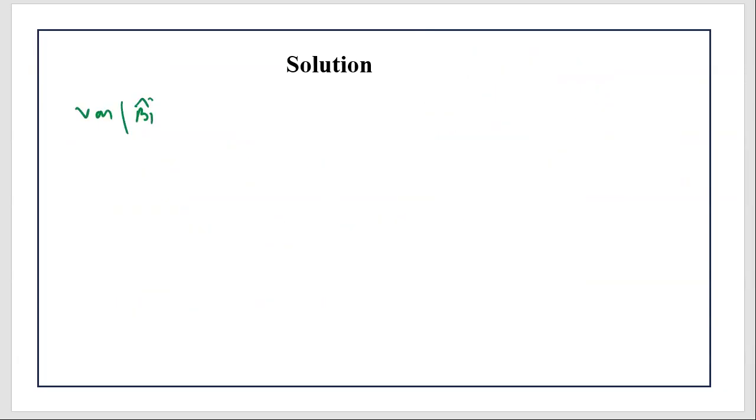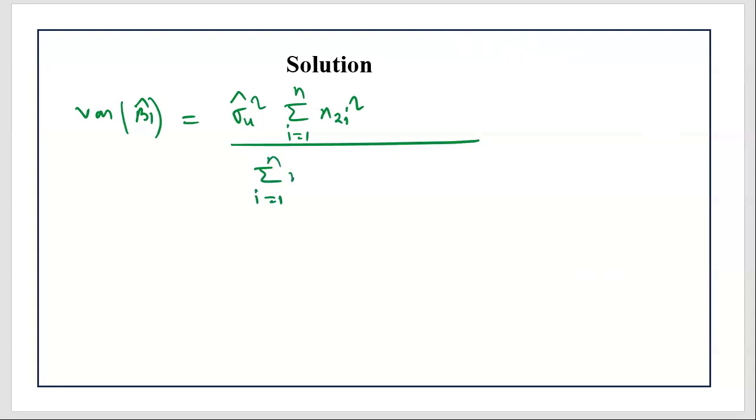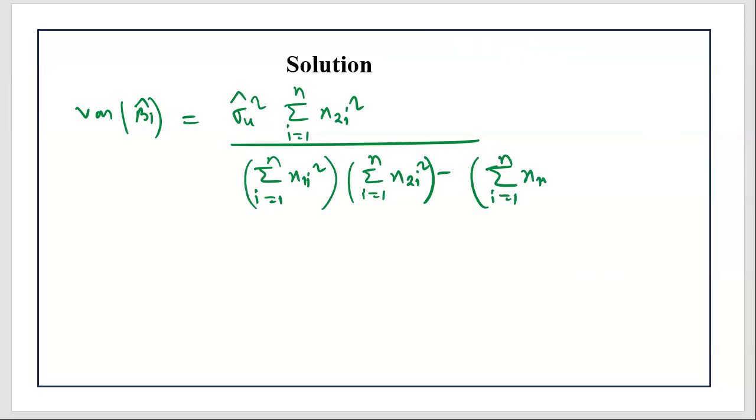Variance of beta 1 cap by a similar kind of formula. This will be summation x2i squared, and the denominator will be the same: summation x1i squared, summation x2i squared, minus summation x1i x2i, whole square.